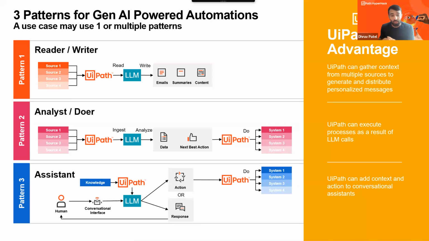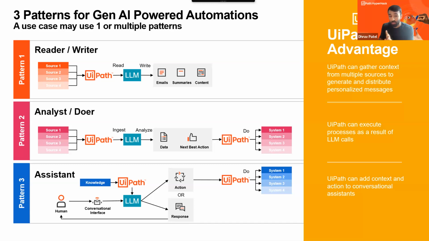Pattern two is going a little bit further than that. You're still grabbing data from multiple sources, using UiPath and its capabilities to interact with multiple systems and data sources, and ultimately orchestrate that process end to end. You'll use UiPath to help with providing that data to a large language model. But then what you're really looking for is an output that's more analysis based. So it could be data as the output.